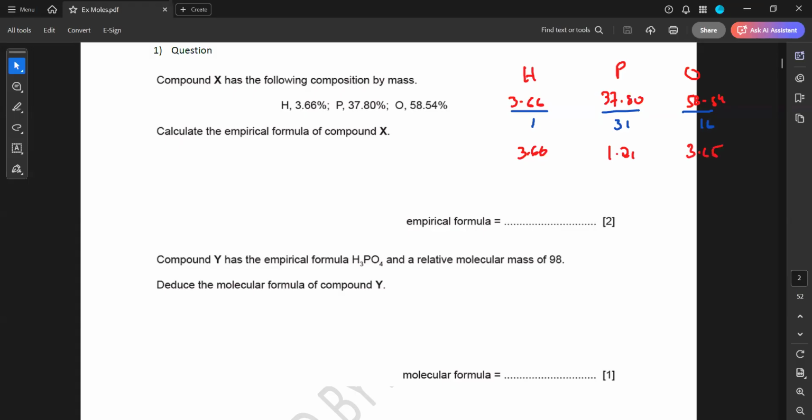Now, what is step 2? Step 2 is to divide by the smallest value in the combination, or we take the simplest ratio. Which is the smallest value in the combination? 1.21 is the smallest value.